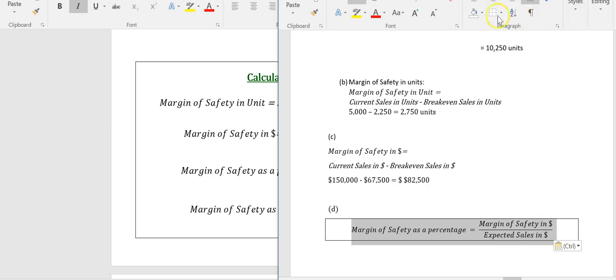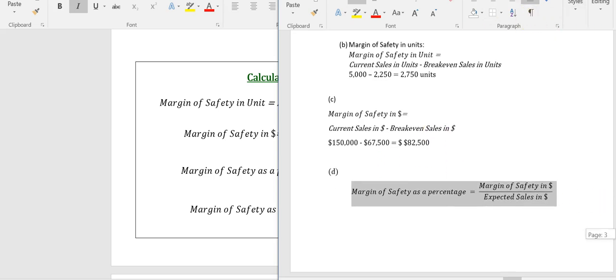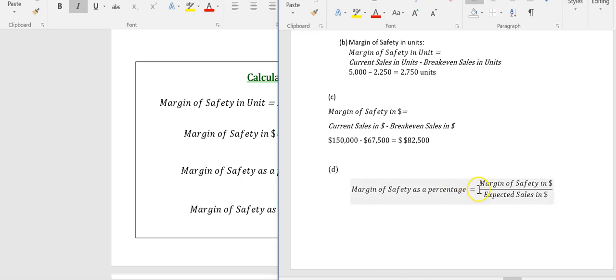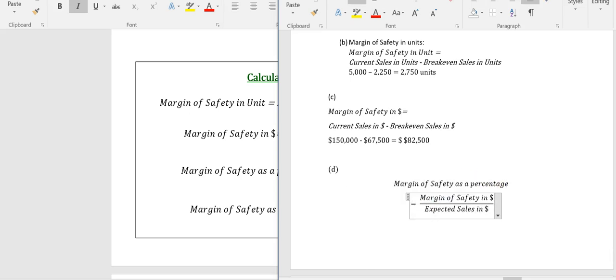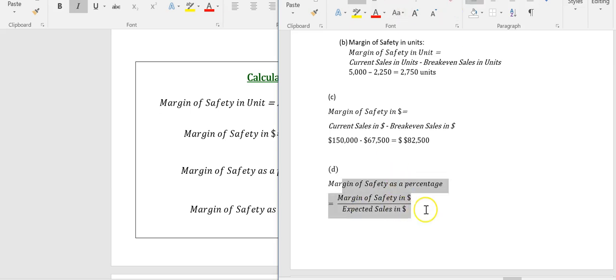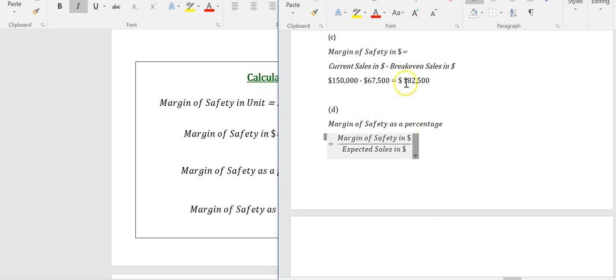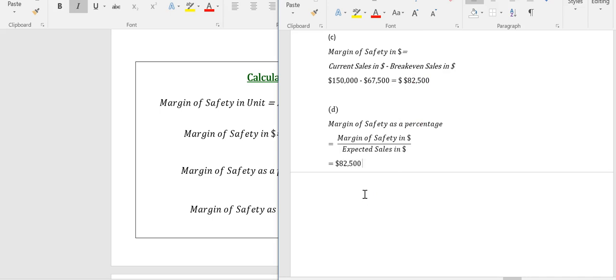Now we are just expressing margin of safety as a percentage of sales. Our top part will be margin of safety in dollar value, which we just calculated here, 82,500, over our current sales.